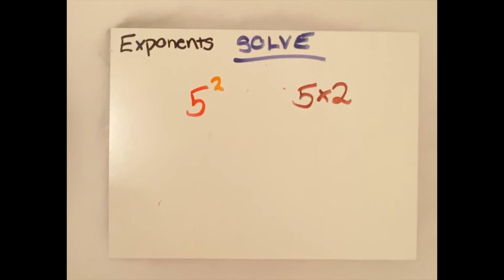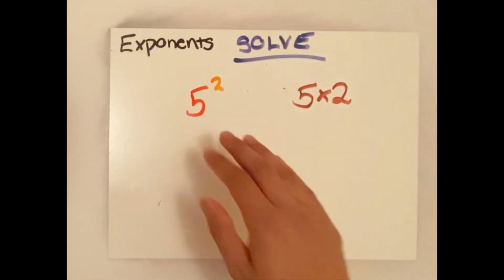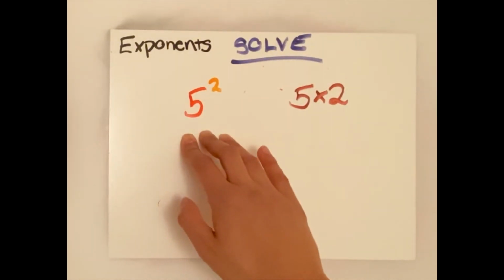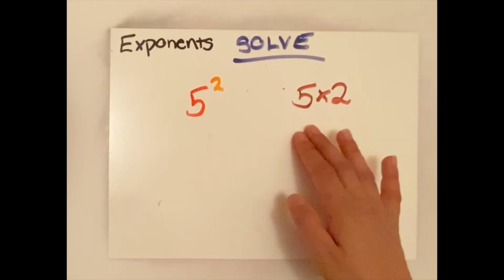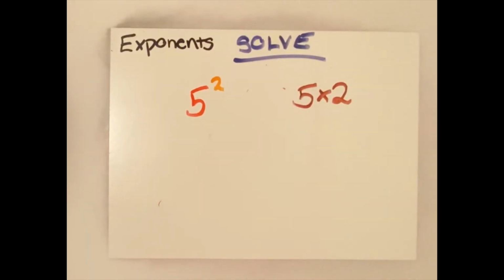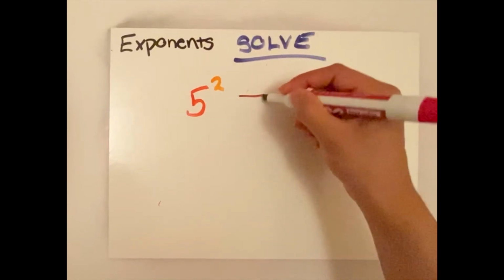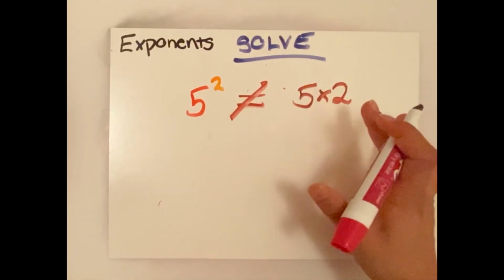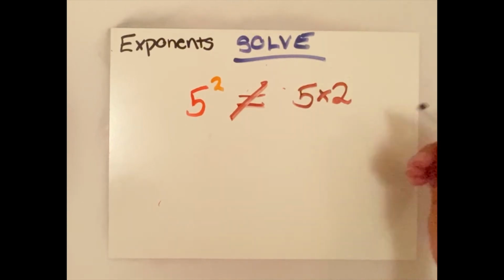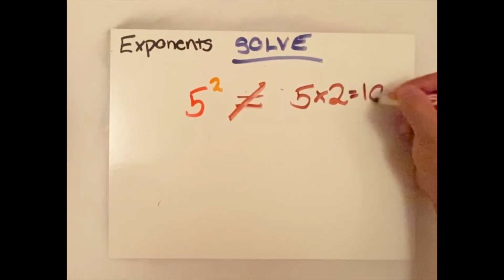Before we move on, I would like to address a common mistake that many people make. When they see 5 to the power of 2, they accidentally do 5 times 2. This is not the same thing. 5 times 2 equals 10.